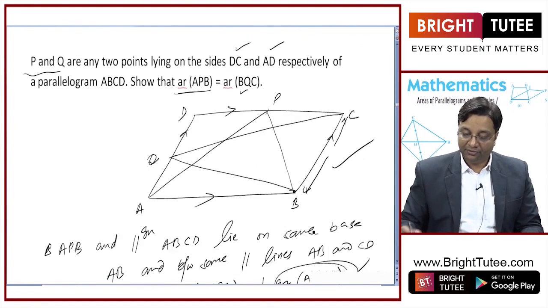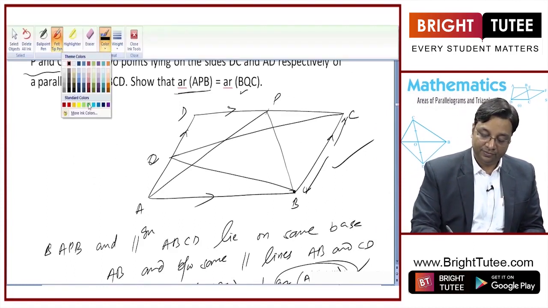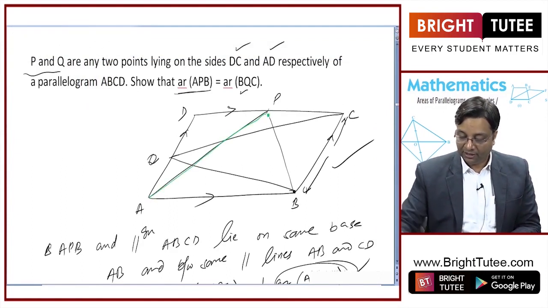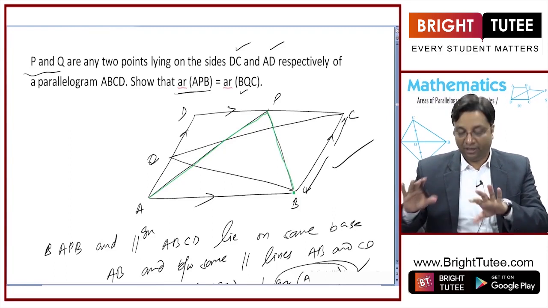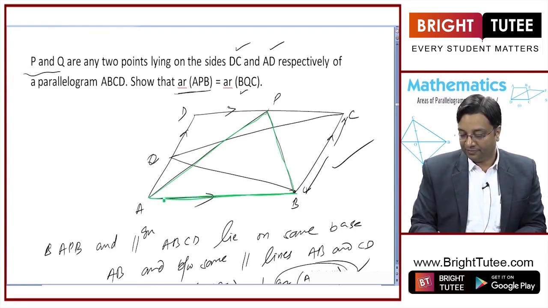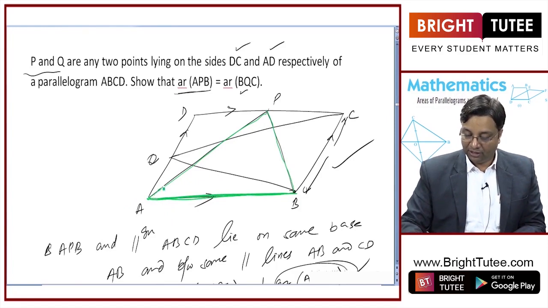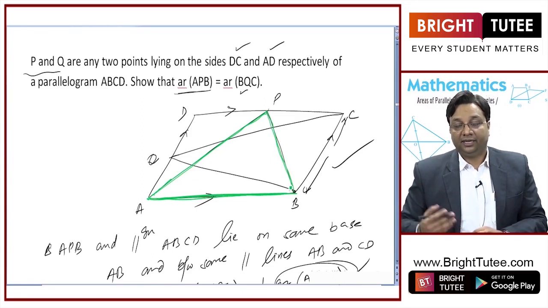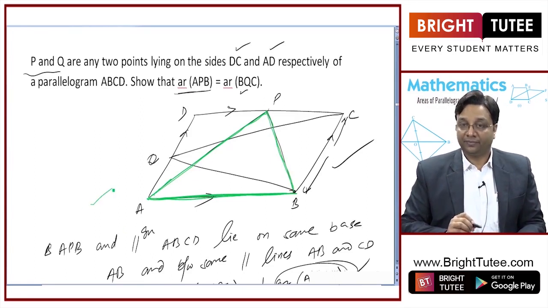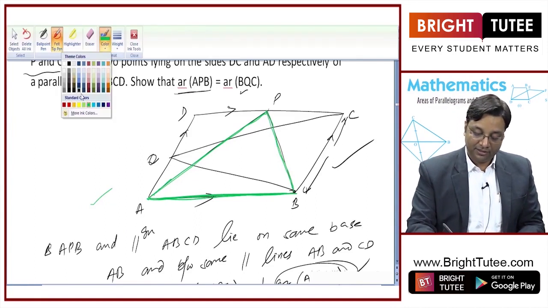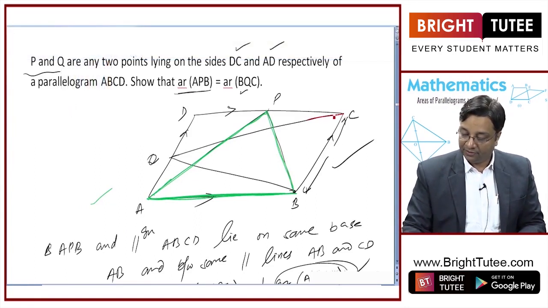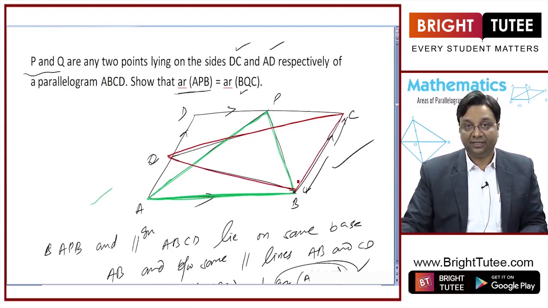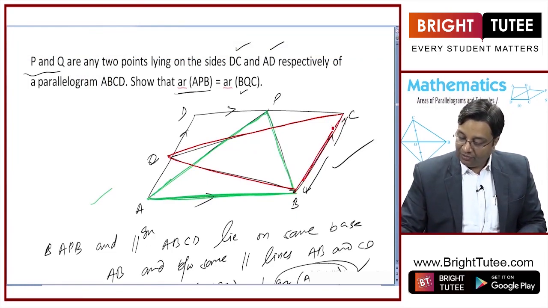So, if I have to say it in brief, what I am trying to say here is, if you consider this triangle and the parallelogram ABCD, these lie on this base, right. So, this triangle will have area equal to half the area of this parallelogram. Similarly, now if I consider this triangle and parallelogram ABCD, both of them lie on this base now.